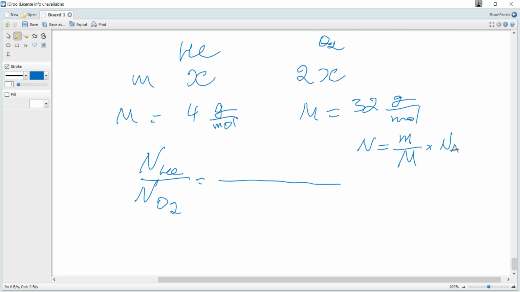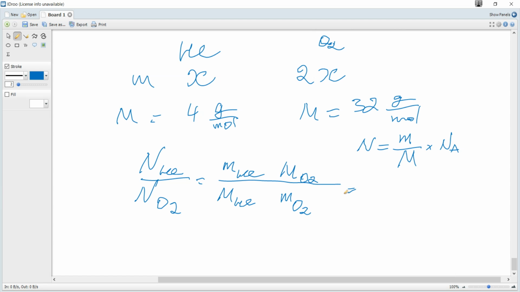Anyway, the Avogadro constant cancels, so it becomes the mass of helium divided by the molar mass of helium, and the mass of oxygen divided by the molar mass of oxygen.